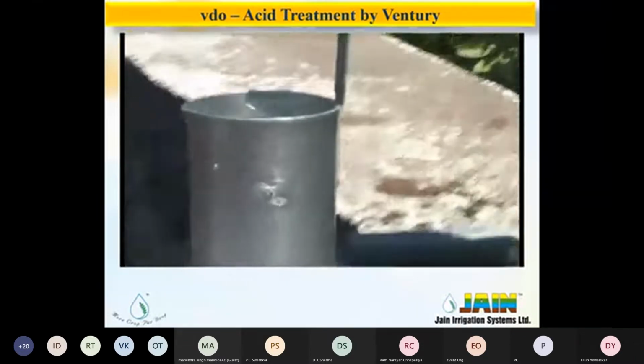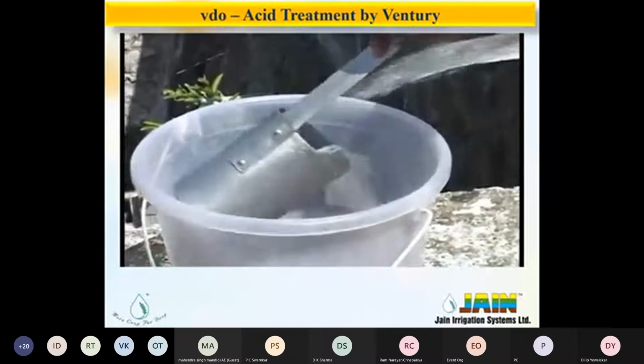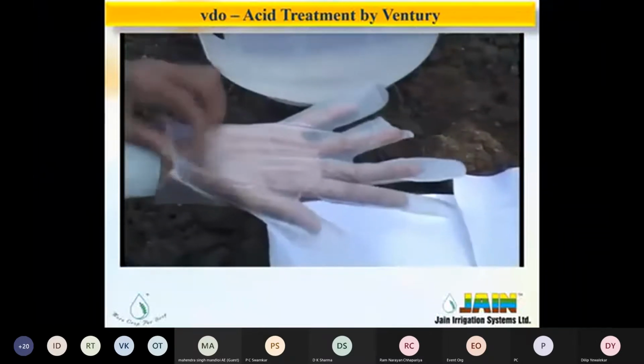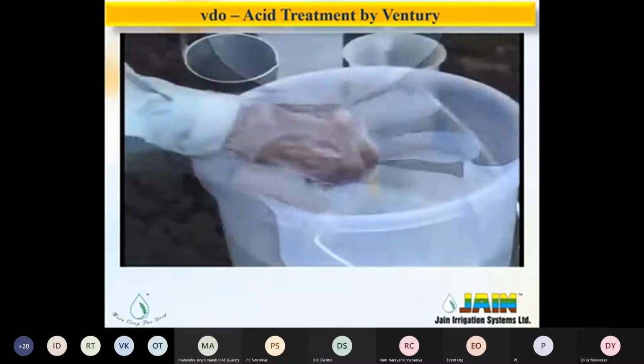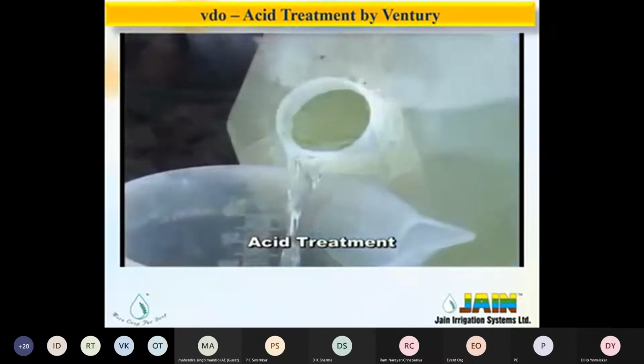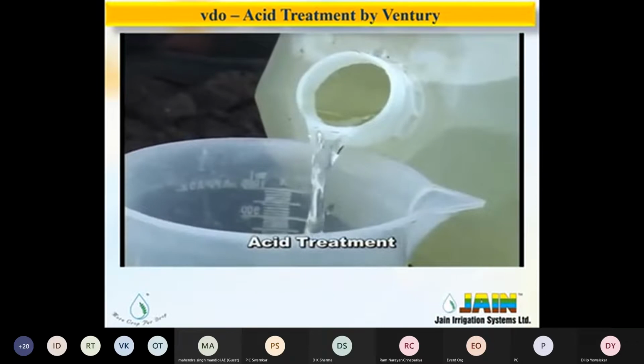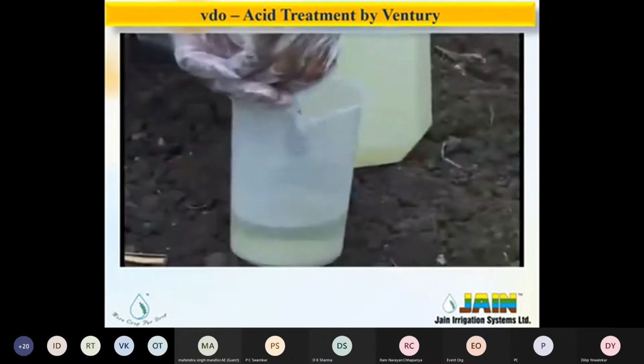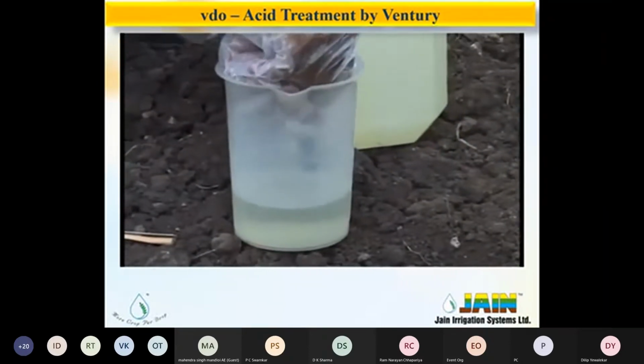Take 1 liter of water. Use hand gloves. Add acid as per the quantity, worked out with the formula.